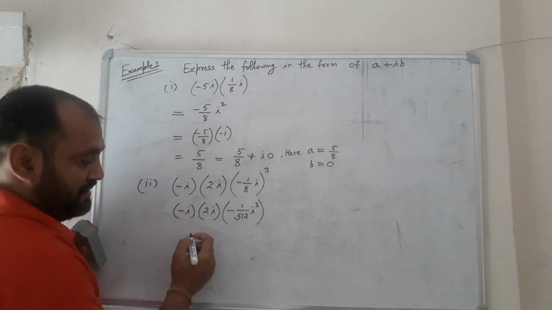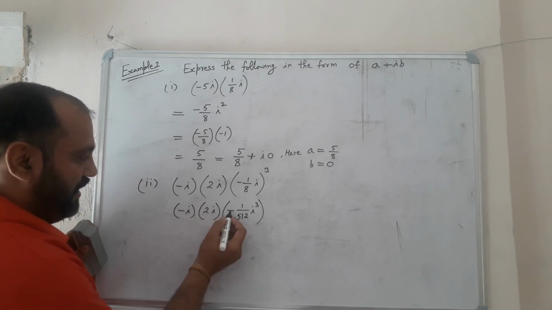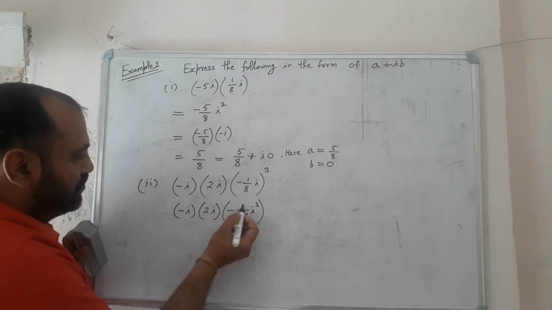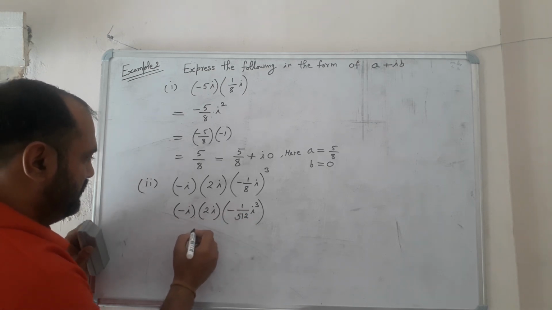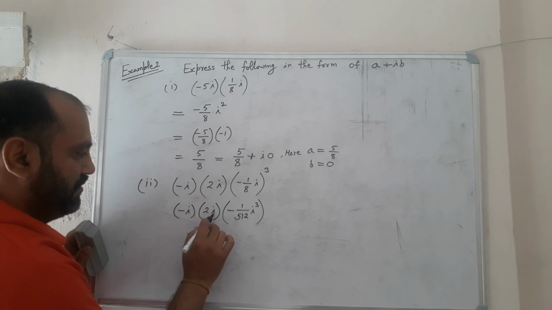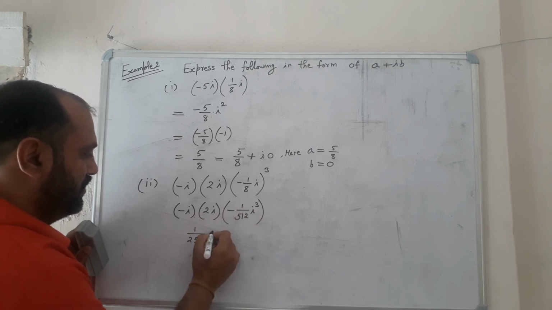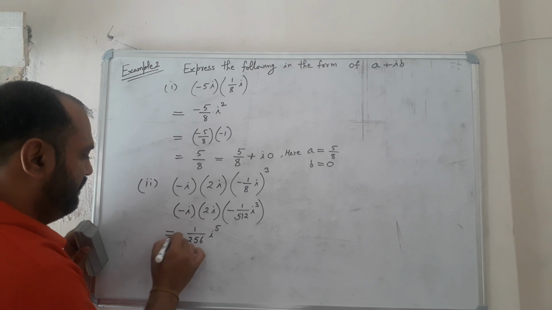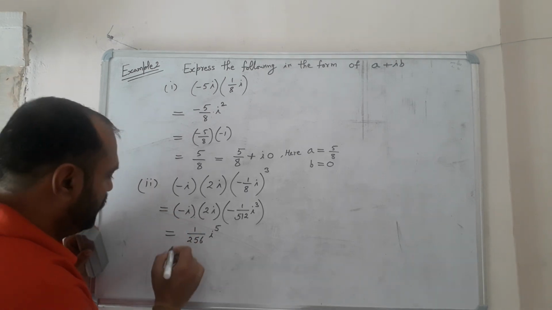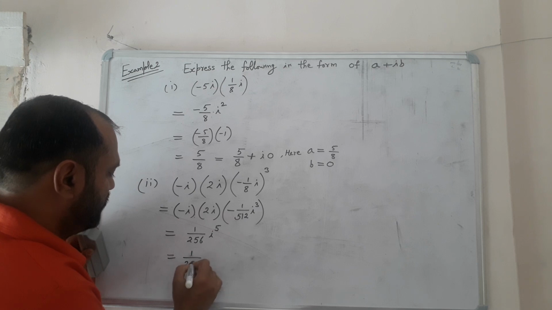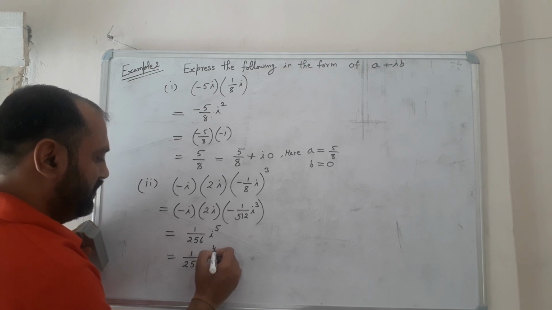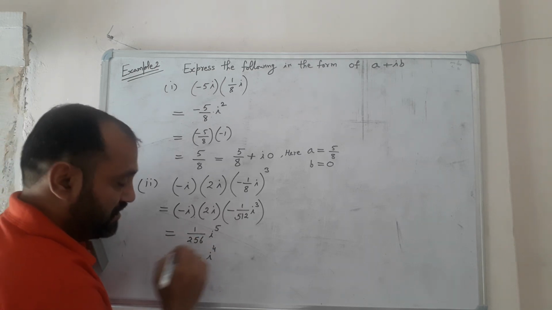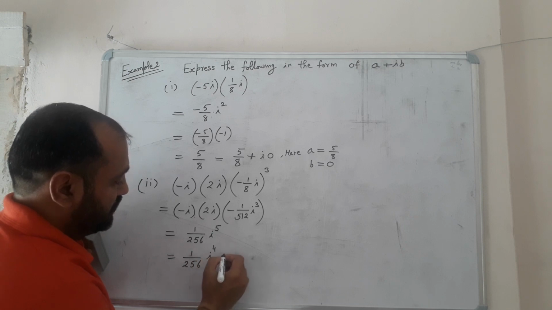Now when you multiply this, we get minus into minus, that is plus, 2 into 1 by 512. So this becomes 1 upon 256 iota into iota cube, that is equal to iota raised to the power 5, right? So this is 1 upon 256 iota raised to the power 4 into iota.